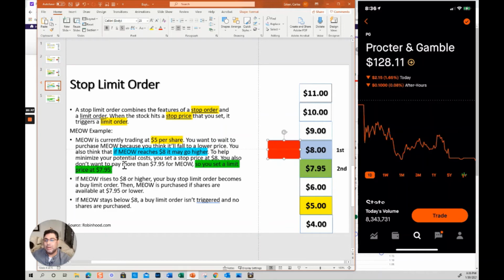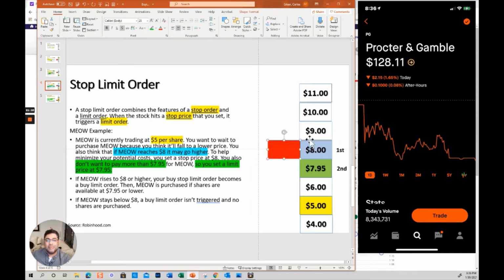You want it to become a limit. And the limit is that you don't want to pay more than $7.95. So your second magic number is $7.95. Now all of a sudden it is a limit order.